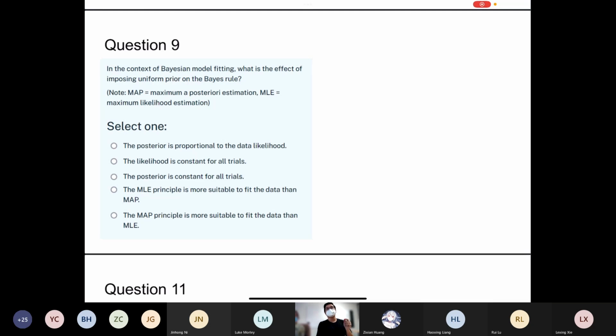So the first one is correct. As I mentioned earlier, because your prior is a constant number, your posterior distribution is just proportional to your data likelihood, which makes MLE and MAP equivalent ways.